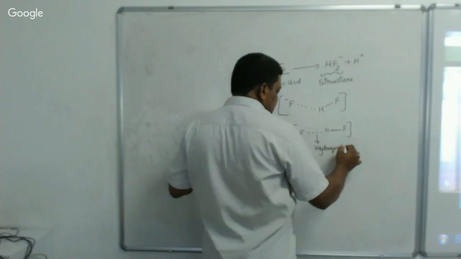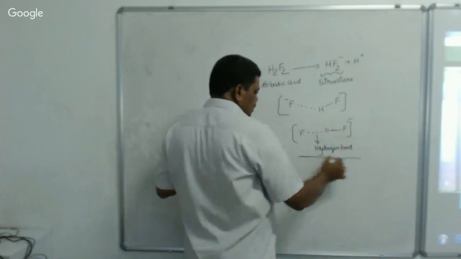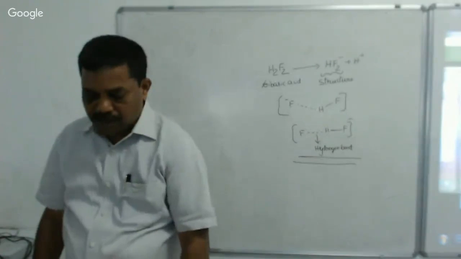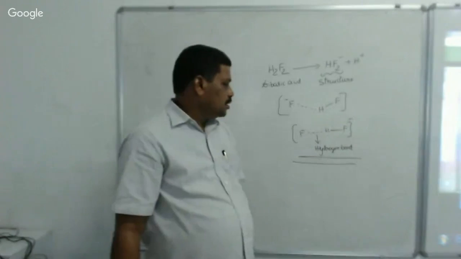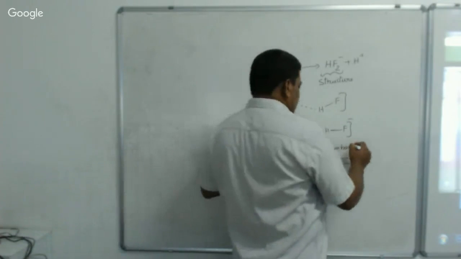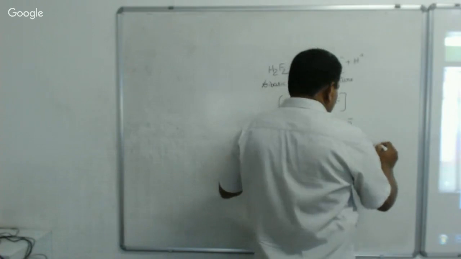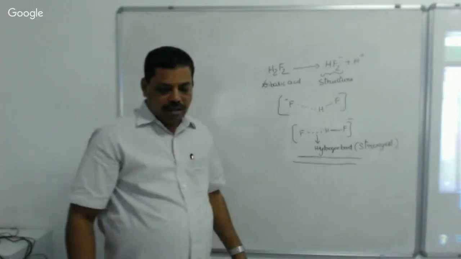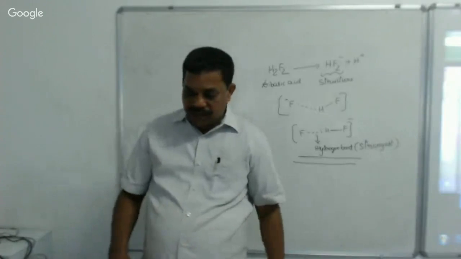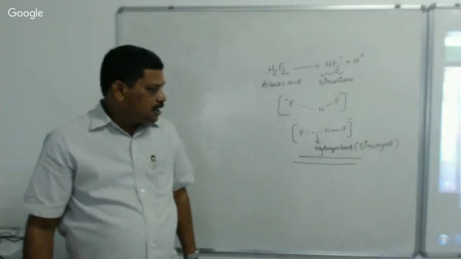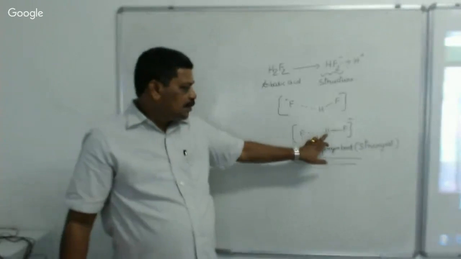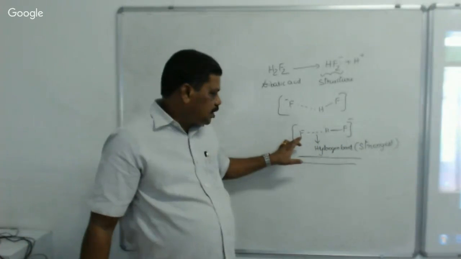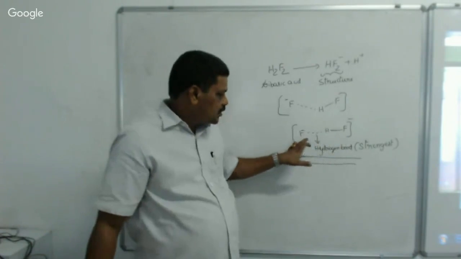The dotted line represents hydrogen bond. This is the hydrofluoride ion, HF2 minus. Here you also mention the strongest hydrogen bond. The strongest hydrogen bond in our entire syllabus is present in HF2 minus, where H is in the middle. One side is a covalent bond with fluorine, the other side is a hydrogen bond with fluorine.